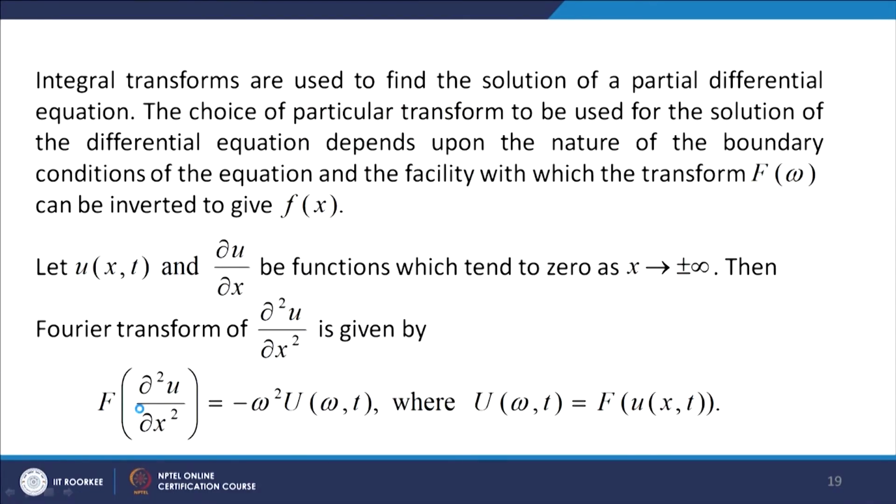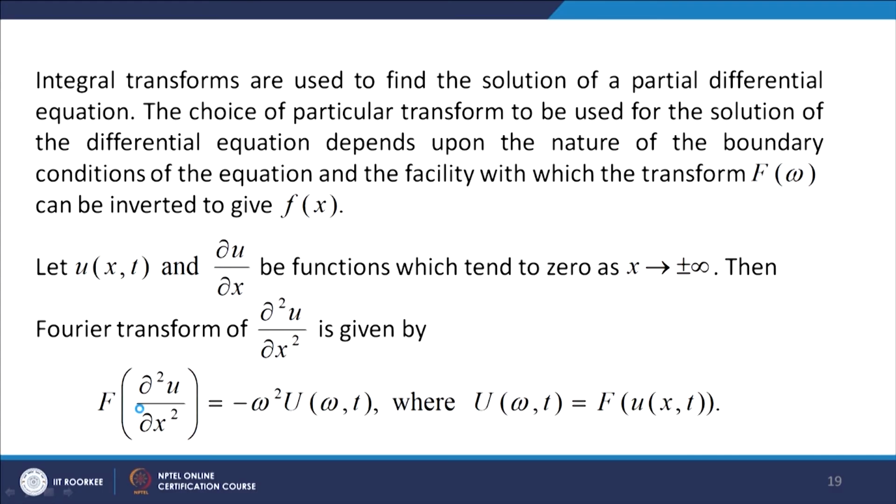Now, integral transforms are used to find the solution of a partial differential equation. The choice of a particular transform to be used for the solution of the differential equation depends upon the nature of the boundary conditions of the required problem, and the facility with which the transform F(omega) can be inverted to give f(x).